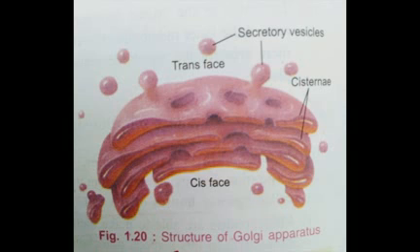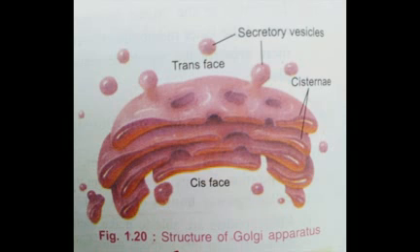If somehow lysosomes rupture, these enzymes will digest the entire content of the cell in which they are present. In this way, they kill every cell in which they are present. Hence, lysosomes are called suicide bags.